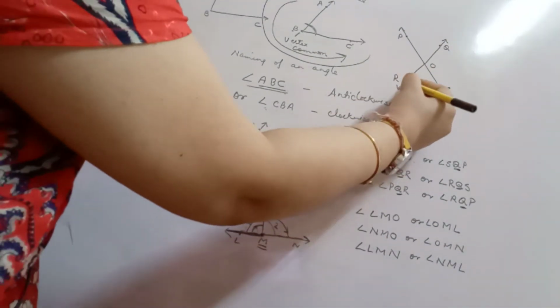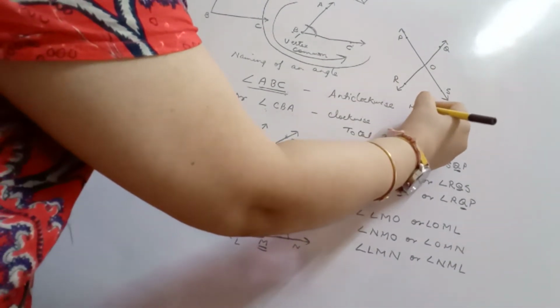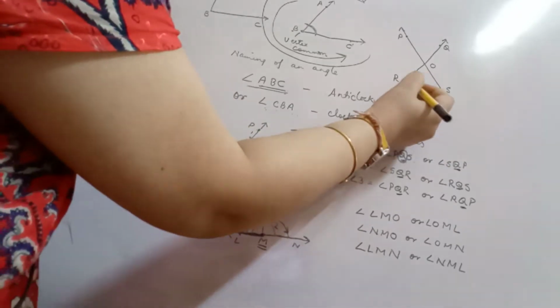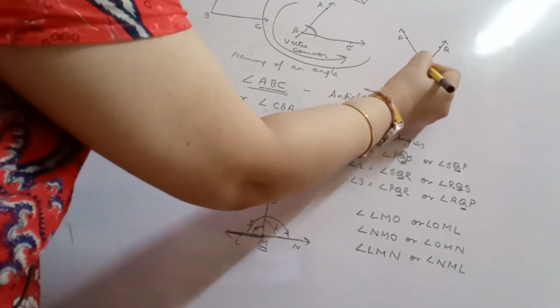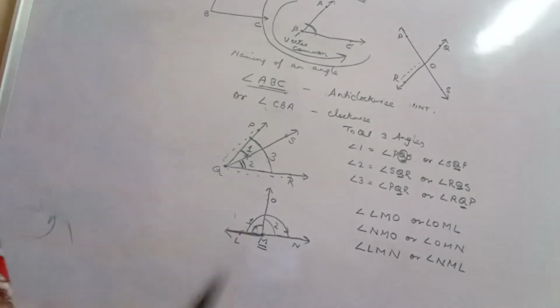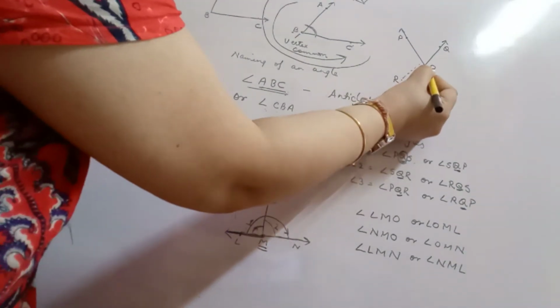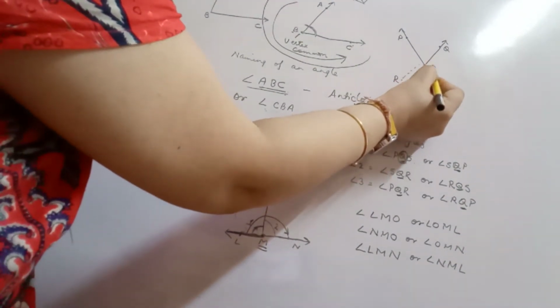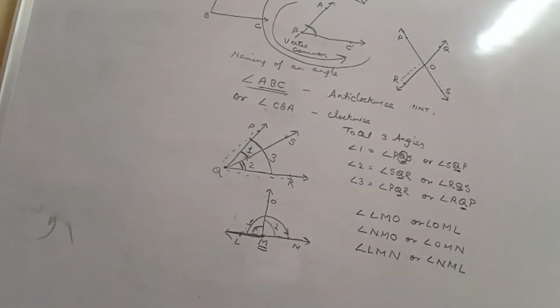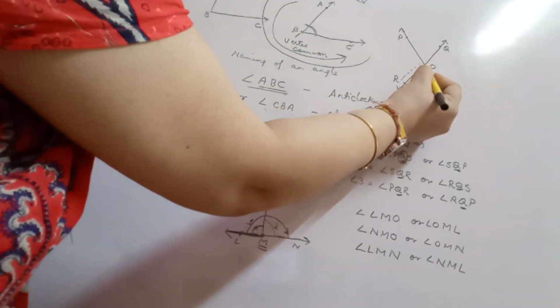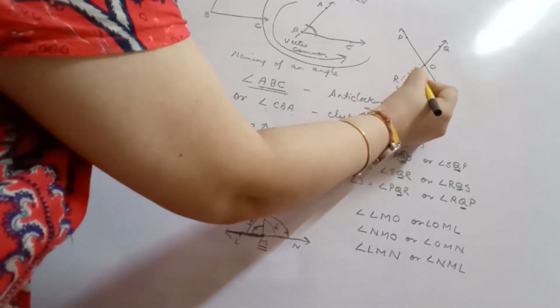Of course I can give you a hint here. Suppose I am starting with my ray OR and I am going till ray OS. So I will start with OR.